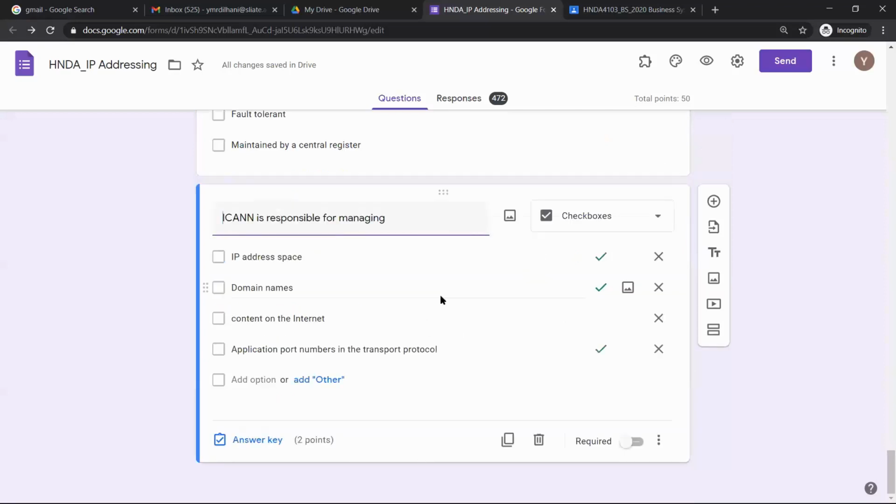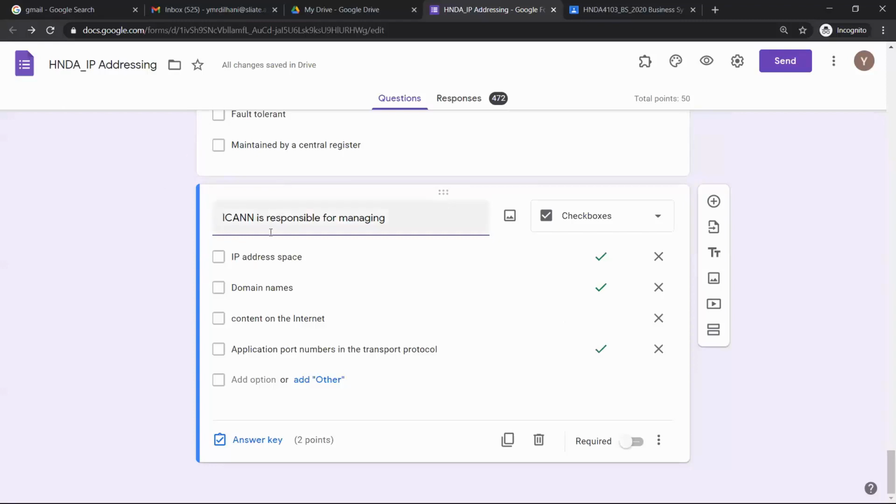So all those IP addresses should be managed by, I mean, there should be a responsible party to do all this, right? So this is the responsible party, ICANN, right?